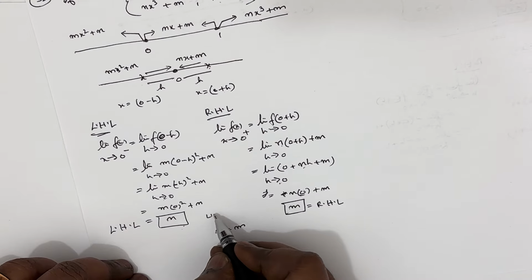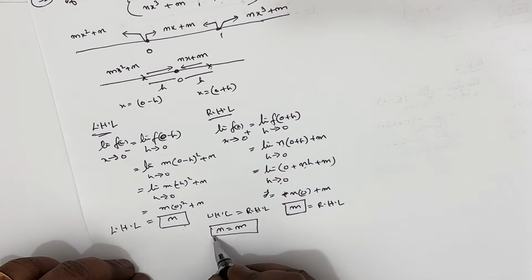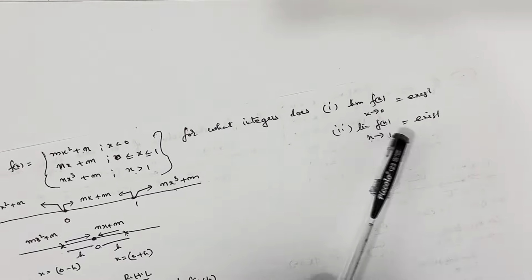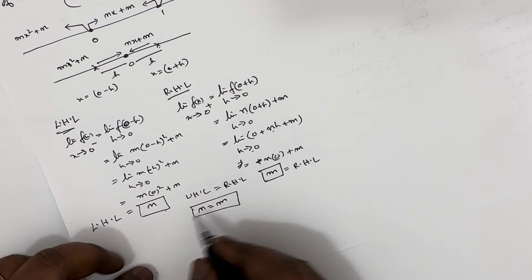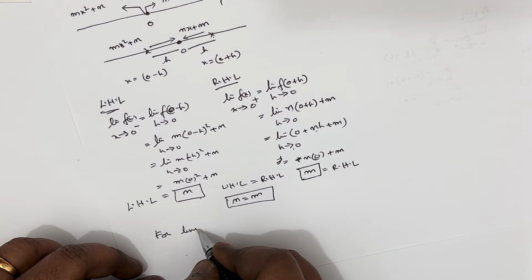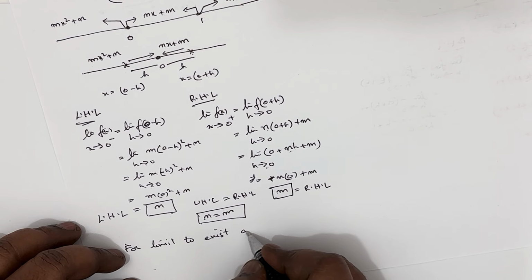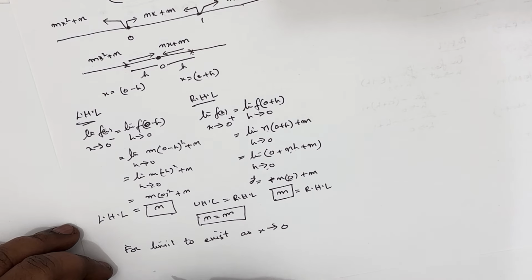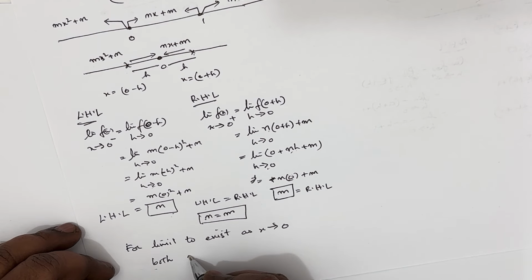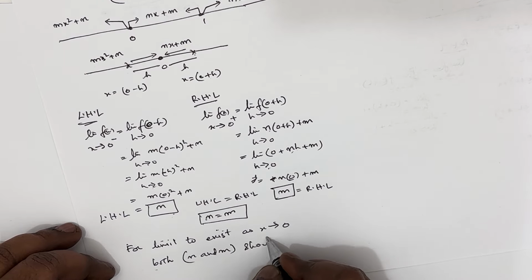This is the LHL and this is the RHL. So for the limit to exist as x approaches 0, both n and m should be equal.